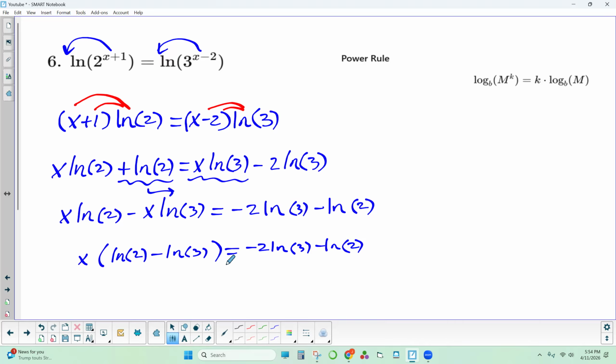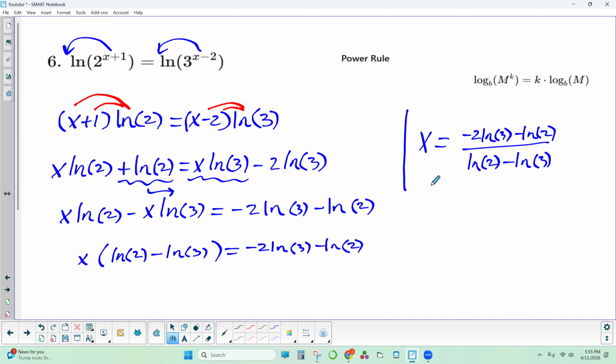And then lastly, we can divide this off, and x equals, I'm going to write the numerator, negative 2 times the natural log of 3 minus the natural log of 2 divided by natural log of 2 minus the natural log of 3. All right. And that is our solution in exact form. Okay?